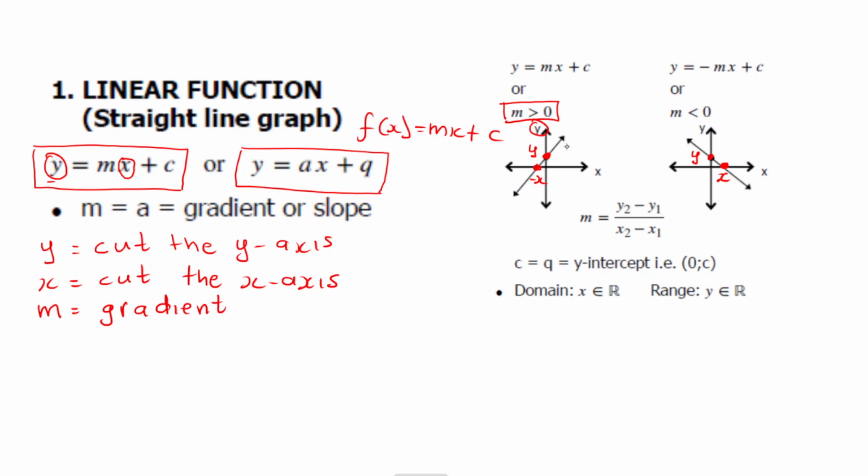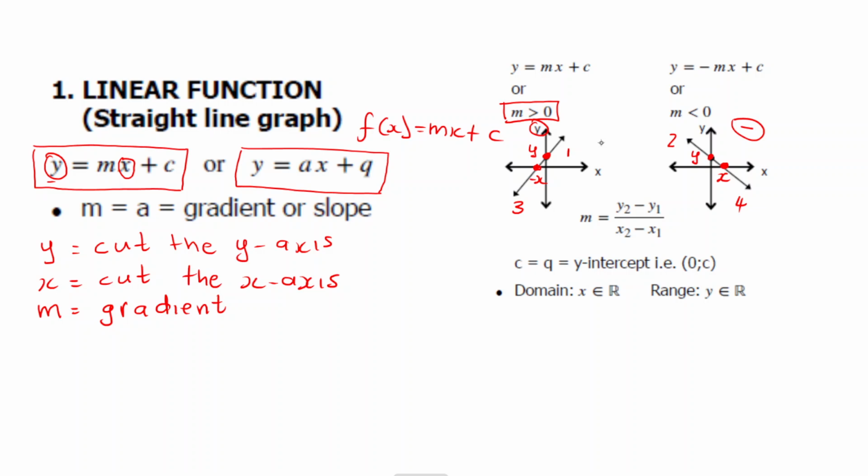If your graph looks like this, that gradient will be a positive gradient. But if you look at the second graph, it is in the second quadrant and the fourth quadrant. So if your graph is pointing at the second quadrant and the fourth quadrant, that gradient is going to be negative. This one is positive.